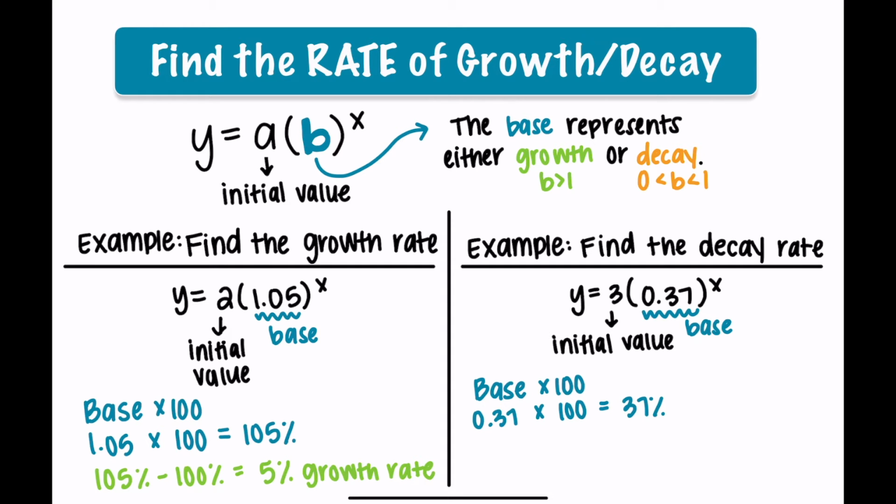So we're going to take 100% and subtract 37, and that's going to give us our decay rate. As a summary, to find the growth or decay rate, essentially all you're doing is finding out how much higher than 100% or how much lower than 100% that base number is.